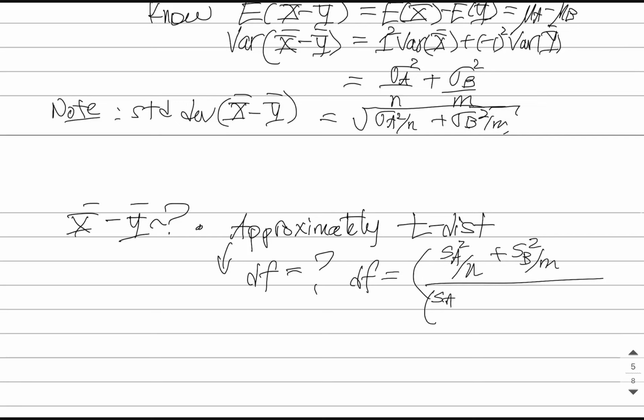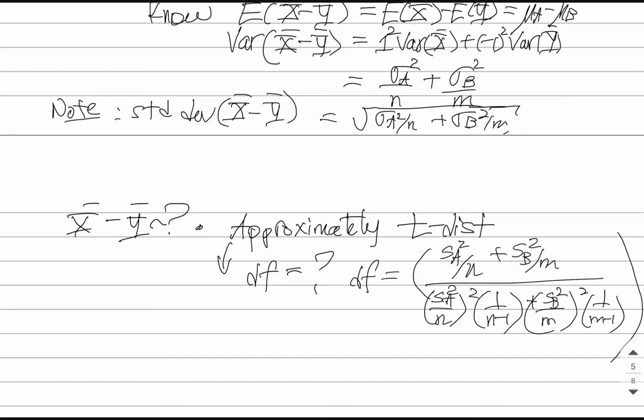So sample A squared over n, squared, times 1 over n minus 1, plus sample B squared over m, all squared, times 1 over m minus 1. Don't waste any more time worrying about this.